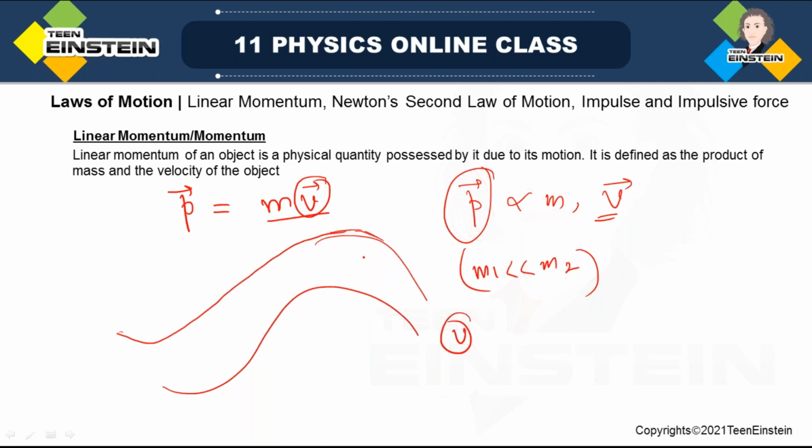Suppose the lorry or the truck has to take a turn. There are two trucks, one is empty, another one is fully loaded. Which one will require much greater force to be applied in the steering to take a turn, the empty one or the loaded one?